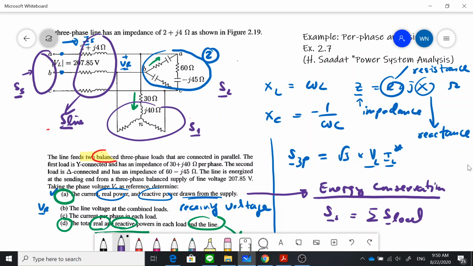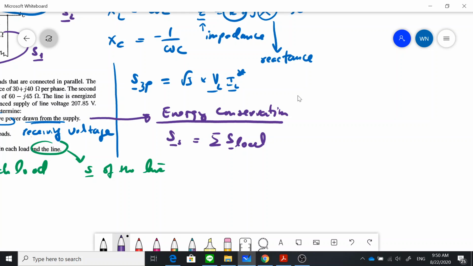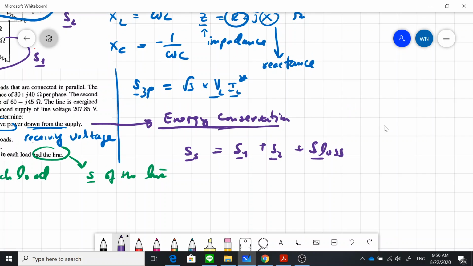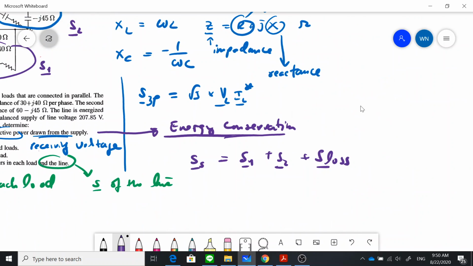The mathematical representation of the energy conservation would be: S at the source has to be equal to S1 plus S2 plus S line. Sorry, it has to be S line because we use the term S line, the complex power of the line.